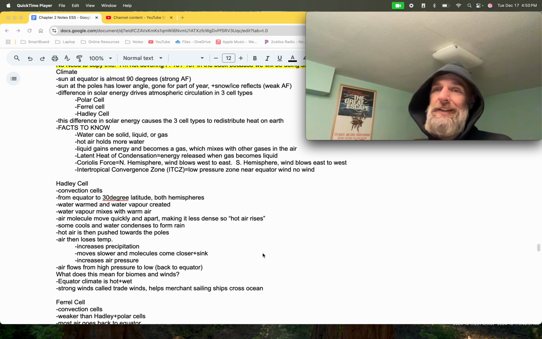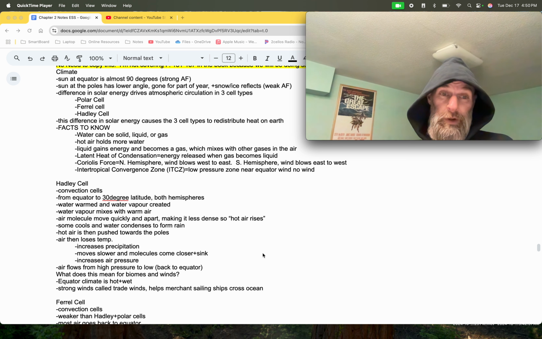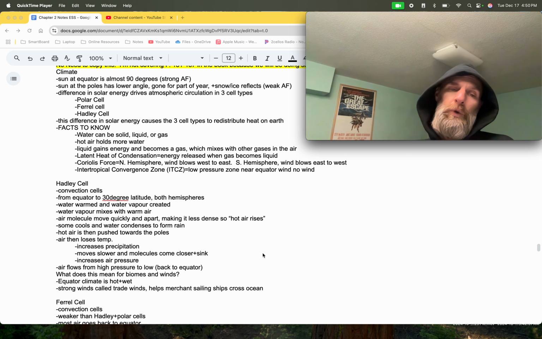So the ocean warms up. You've got evaporation that happens over it, which forms the water vapor. The water vapor mixes with the warm air, which then is going to make the air warmer. Air molecules move quickly upwards and apart, making it less dense, so hot air rises. Some cools and water condenses to form rain plus clouds.